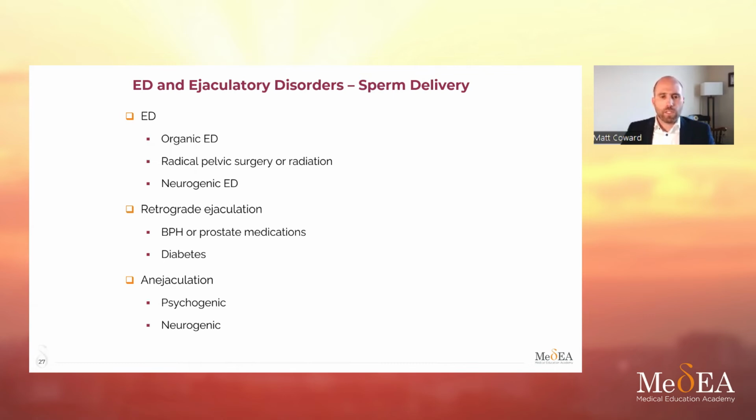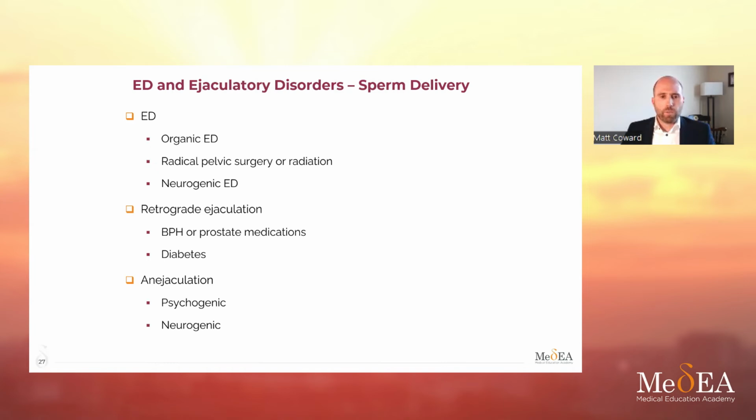This can be seen more commonly in older men, so men with an enlarged prostate or BPH, which stands for benign prostatic hyperplasia. Any man with BPH who's taking prostate medications, including alpha blockers, can experience retrograde ejaculation as a side effect.